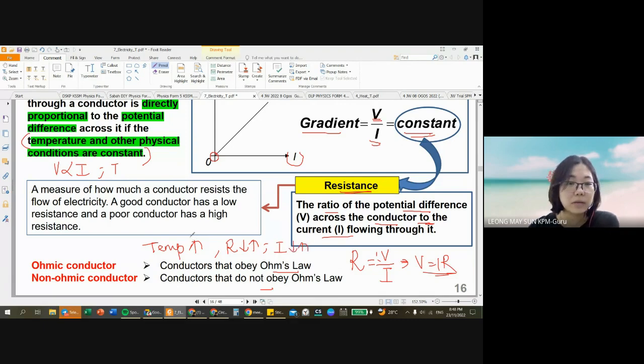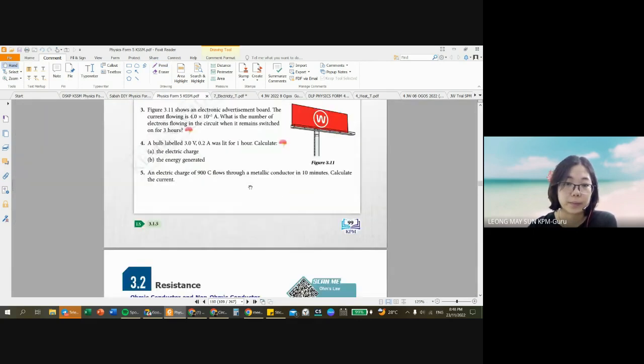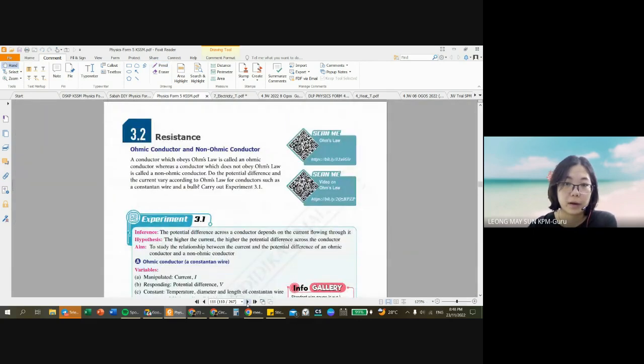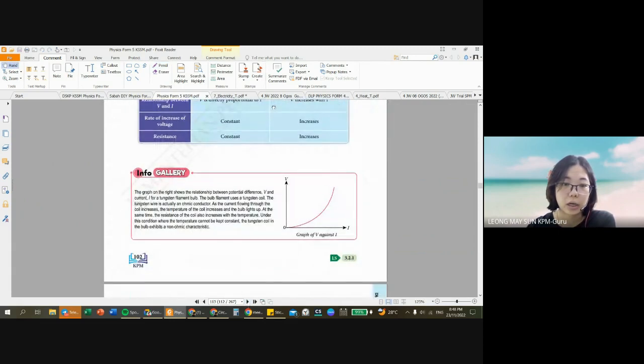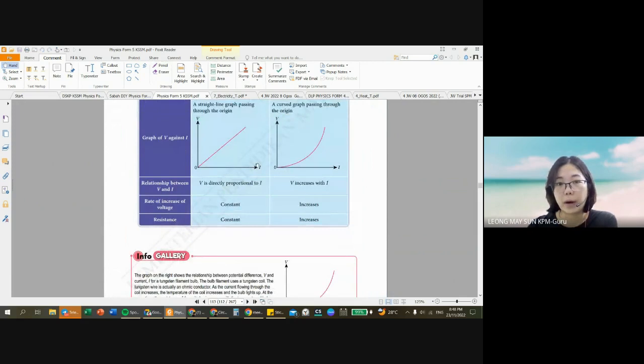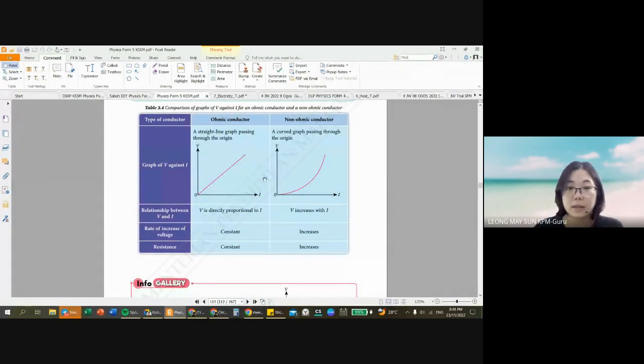So it will not be directly proportionate to the potential difference for a non-ohmic conductor. Okay, so if you look into your textbook, for ohmic and non-ohmic conductors at page 102.